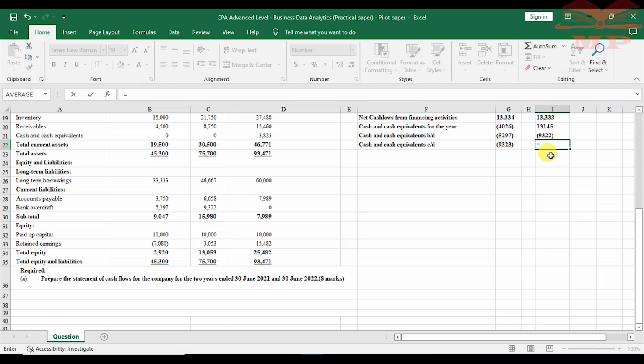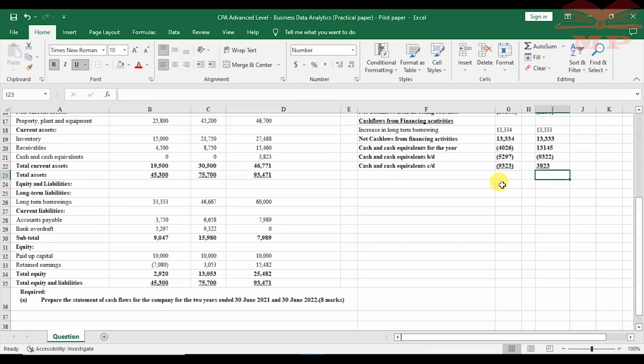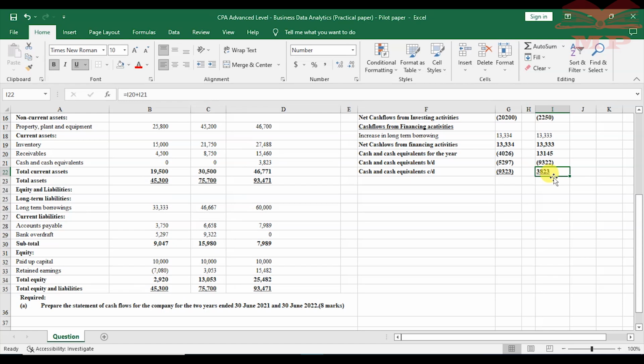Equal sign. Let us test the other one. This plus this. That is 38.23. Let us confirm. It is an inflow. There is cash at the end of the year. 38.23. Look at cash. The overdraft is 0.